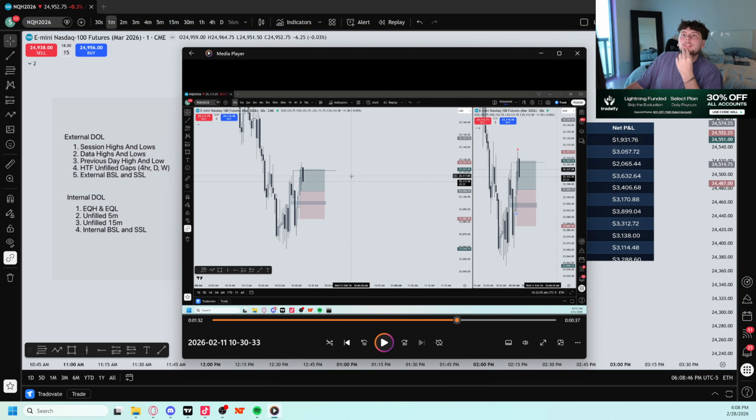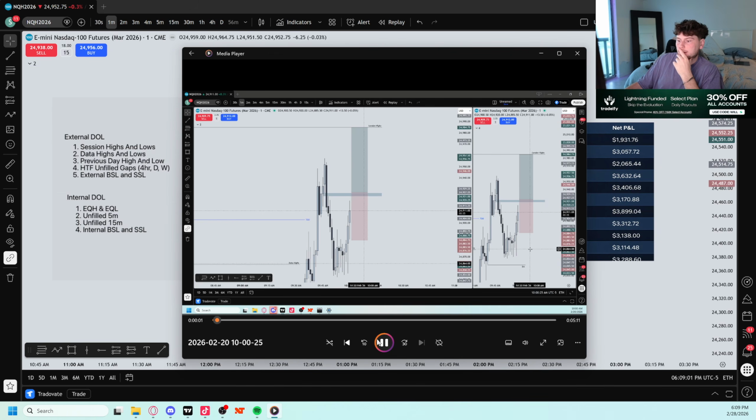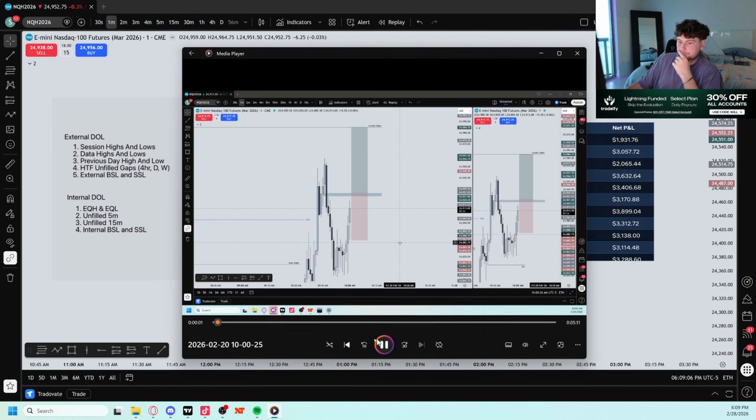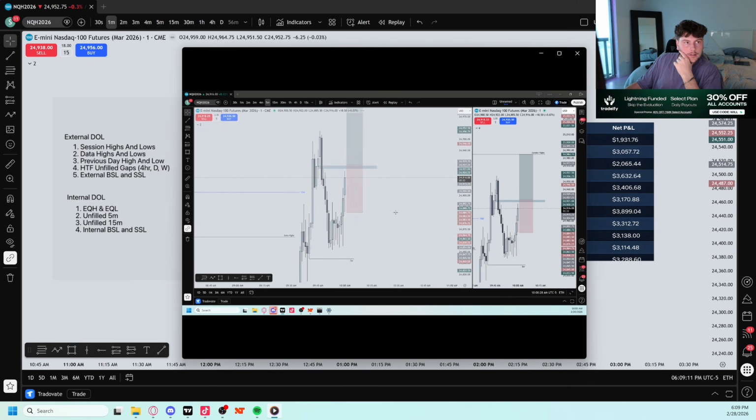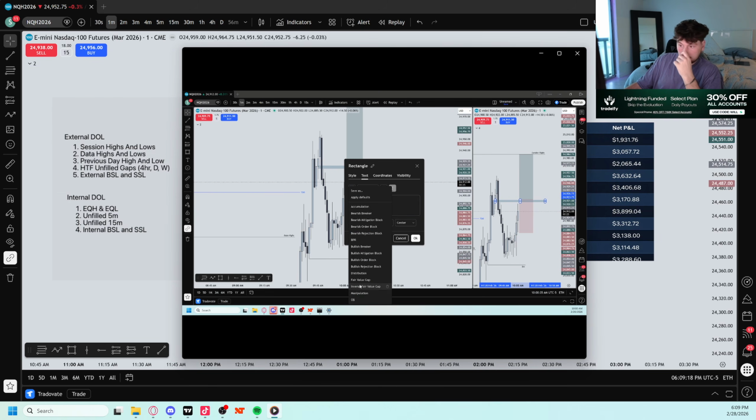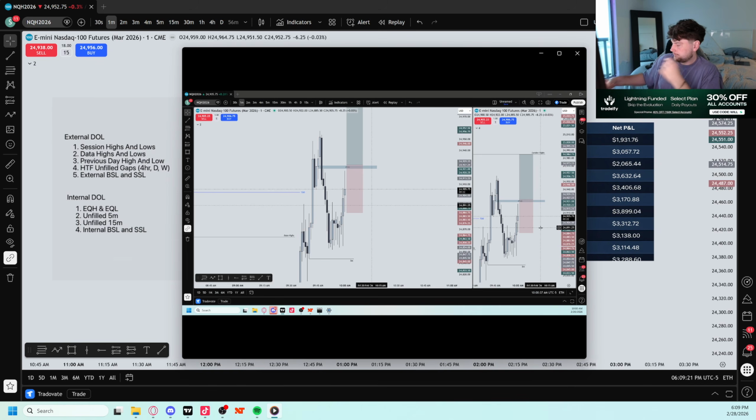All right, let's close this real quick and open up one more. This is a trade I want to go over from 2/20. Was this it? Yes. Let's let this play out. I want to use the 10 a.m. volatility to inverse this 1 minute, that's pretty premium, and then just get an IFVG total price.